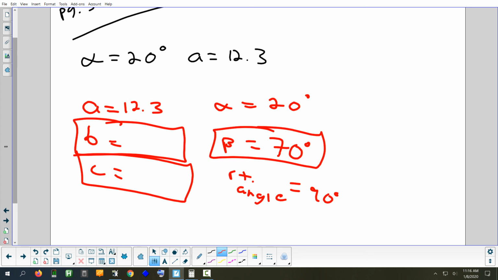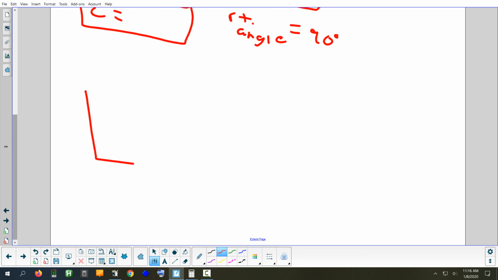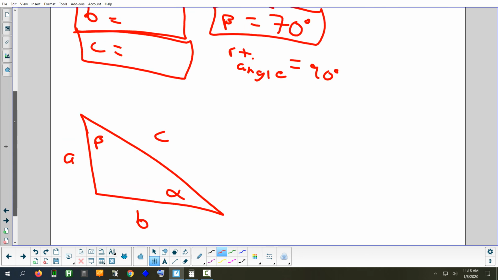Okay. What's the next thing we usually do to try to visualize this problem a little better? Draw it out. In my head, I can visualize, okay, this is opposite, this is adjacent. I can see it. But especially during a test, you might want something you can see physically on paper. All right. So A, B, C, alpha, beta. I'm just going to erase the ones that I know, or the ones that were given.